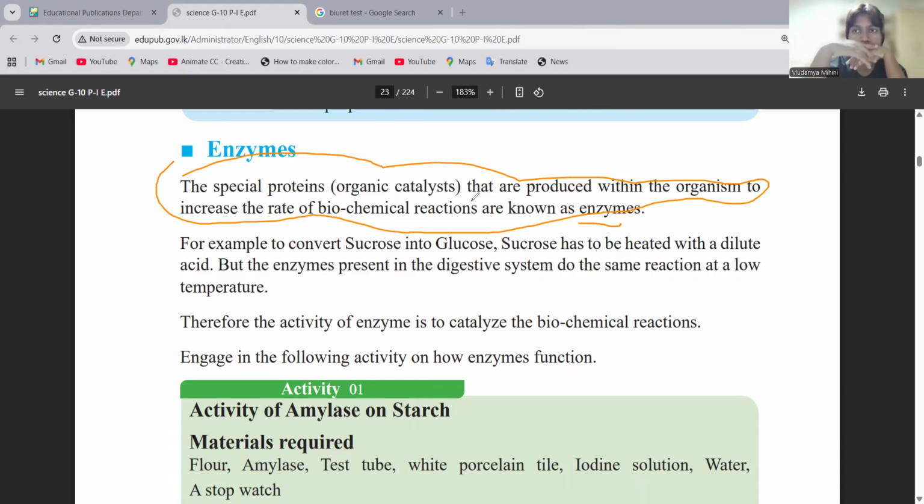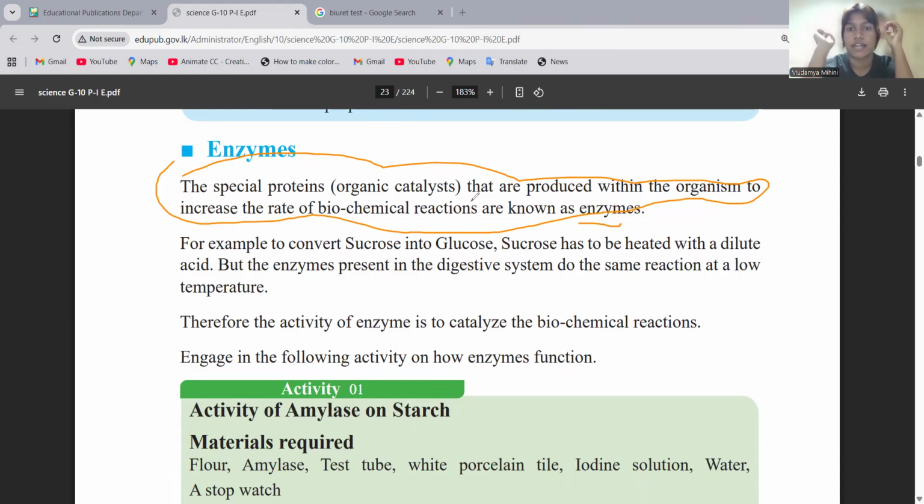But if we take as an example our stomach, the digestive system, how does the food that goes inside our body get absorbed and give us energy? There's a question in that. So these catalysts are the main part.